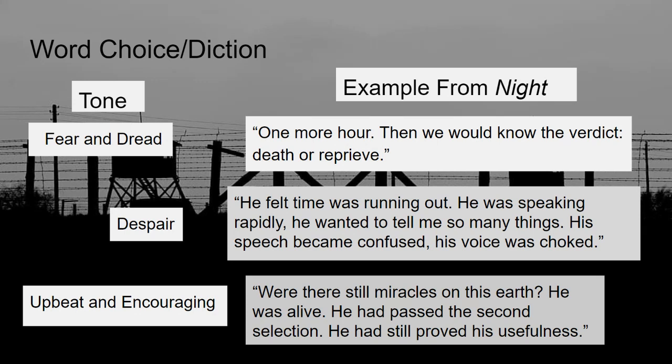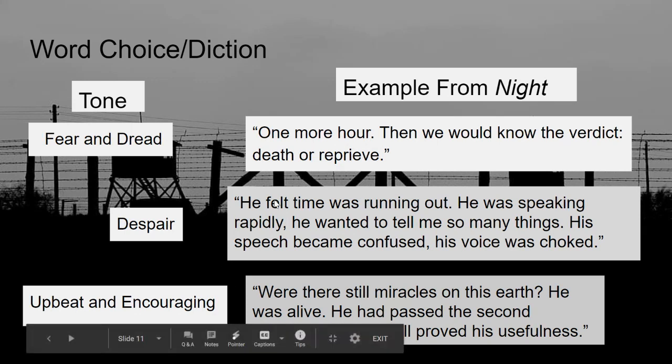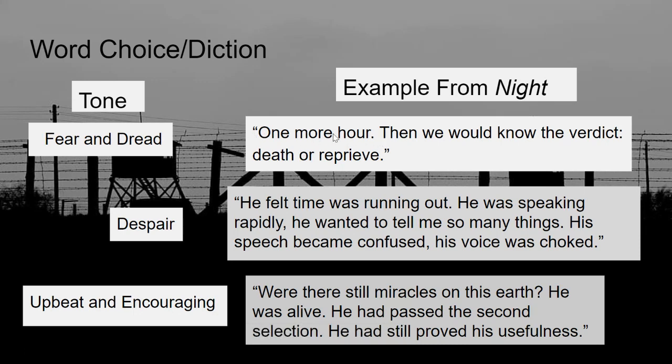"One more hour, then we would know the verdict: death or reprieve." The tone being set here comes from the words death, reprieve, one more hour. That's not even a full sentence, right? Look at how they're using words and style to create this particular tone of fear and dread.